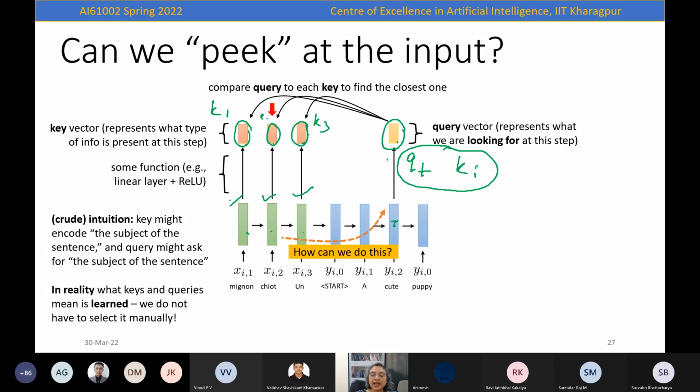Suppose I compute a score of alpha 1 for the 1st encoder state, alpha 2 for the 2nd, alpha 3 for the 3rd, where alpha 1 plus alpha 2 plus alpha 3 equals 1. So we can take the context vector at time t equal to alpha 1 times h1 plus alpha 2 times h2 plus alpha 3 times h3. Is this clear to everybody?